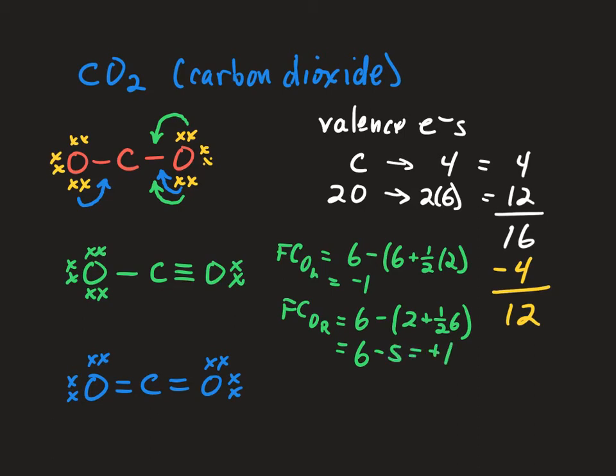So in this structure, the oxygen on the left has a negative formal charge. The oxygen on the right has a positive formal charge, right? Now if we look at the bottom structure, both of the oxygens have the same structure. The formal charge on either oxygen is the 6 valence electrons oxygen brought to the party, minus the 4 that they have without sharing, plus half of the 4 that they are sharing with other atoms.